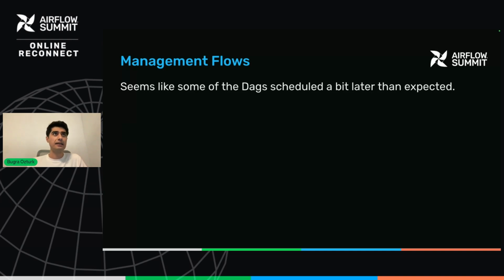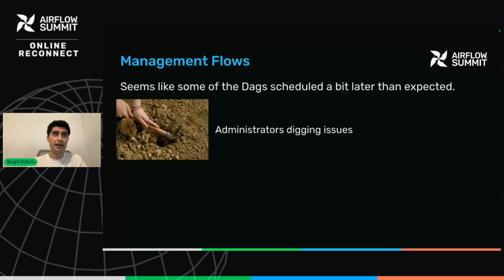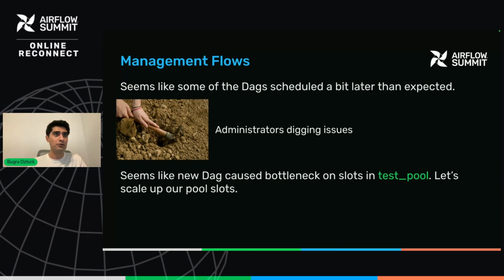Okay, it seems like some of the DAGs are scheduled a bit later than expected. What could it be? There could be, of course, lots of different reasons, but let's assume our administrator is digging right now, and they found the reason.